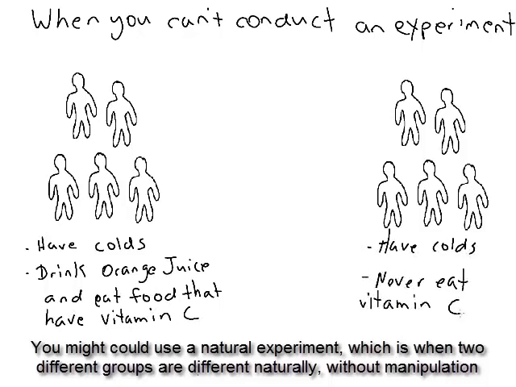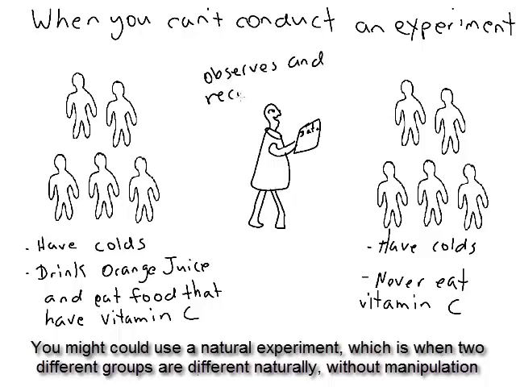Okay, it's completely unethical. And so, as scientists, we have to be aware of this, and that means sometimes we're not able to answer the question using the best method. So in those cases, we might be looking for some sort of correlation.